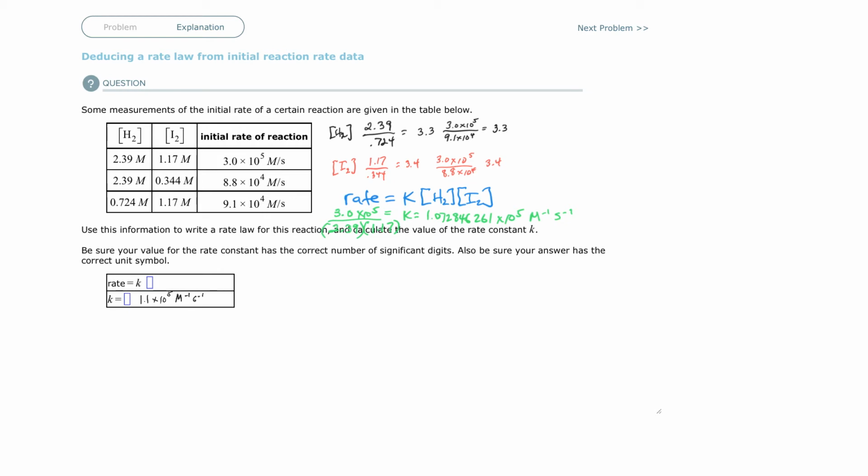And then the rate law is just what we wrote down before. The rate is going to be some K, which they've already got written, times the concentration of hydrogen to the first power times the concentration of iodine to the first power. So I think you can do this.